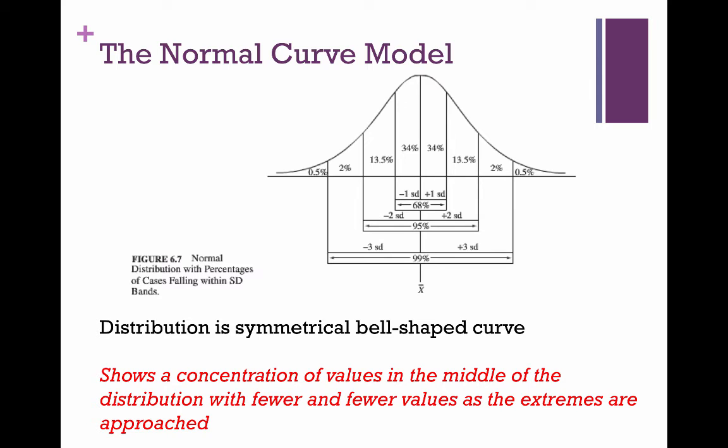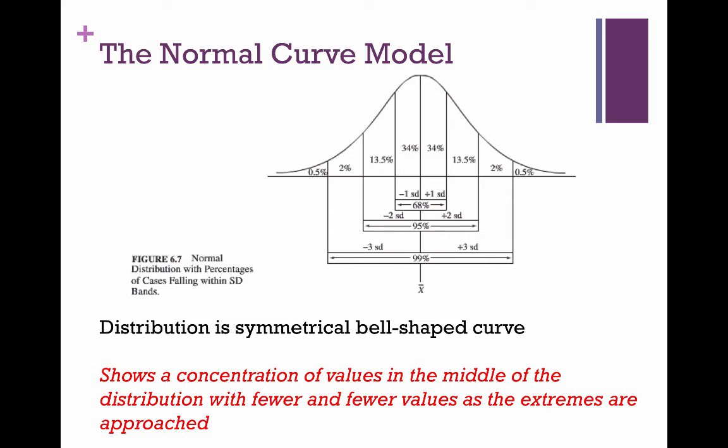We have a concentration of values in the middle of the distribution with fewer and fewer values as the extreme scores are approached. So 68% of your data or your people would fall within one standard deviation of the mean.